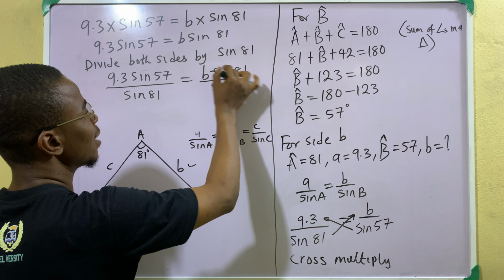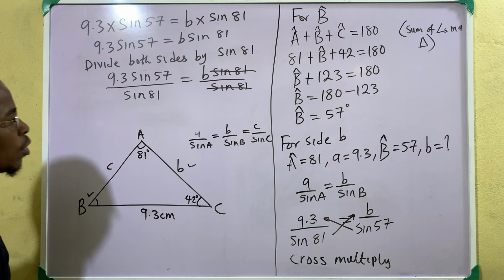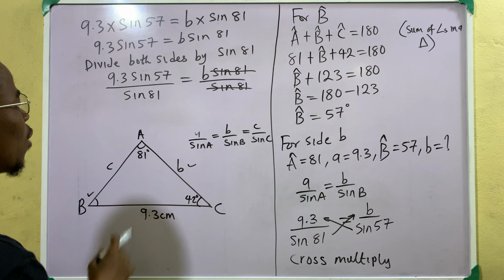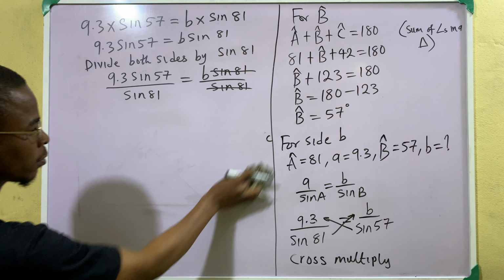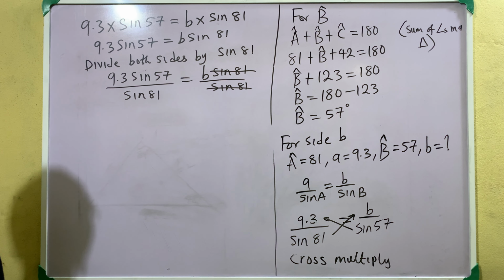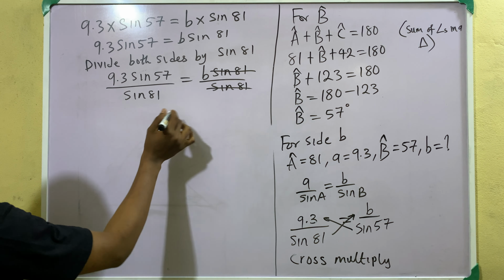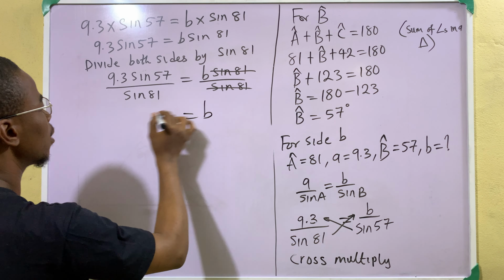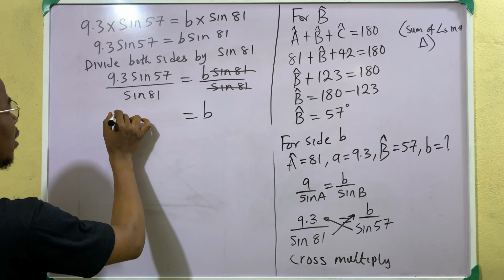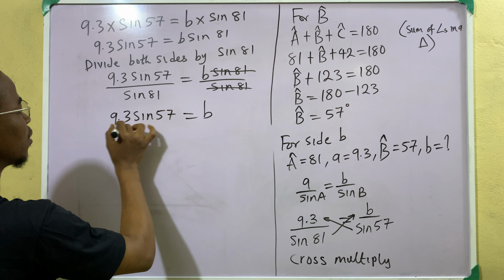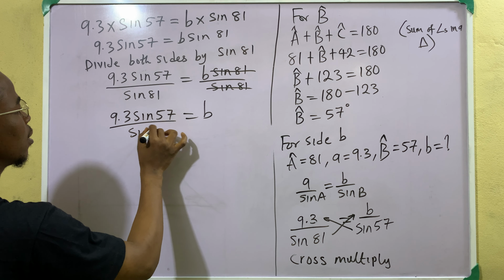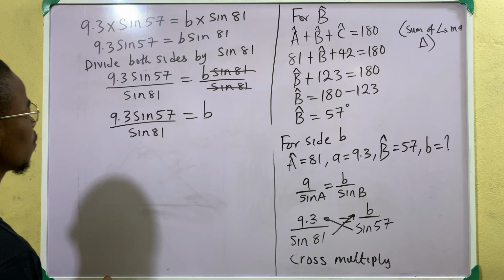What happens here? Sine 81 cancels sine 81. Please, for the sake of space, I'll wipe this up. And then we have here that b is left on this side, and here is 9.3 sine 57 all over sine 81.